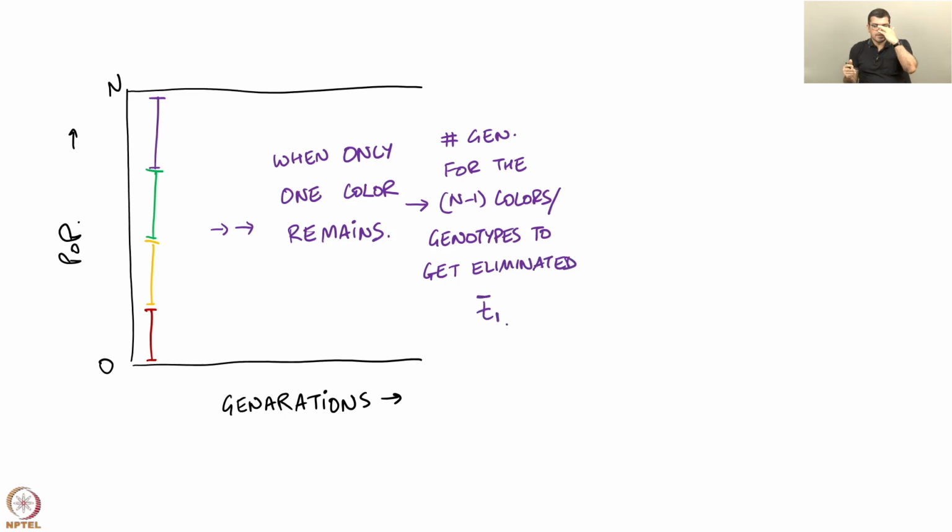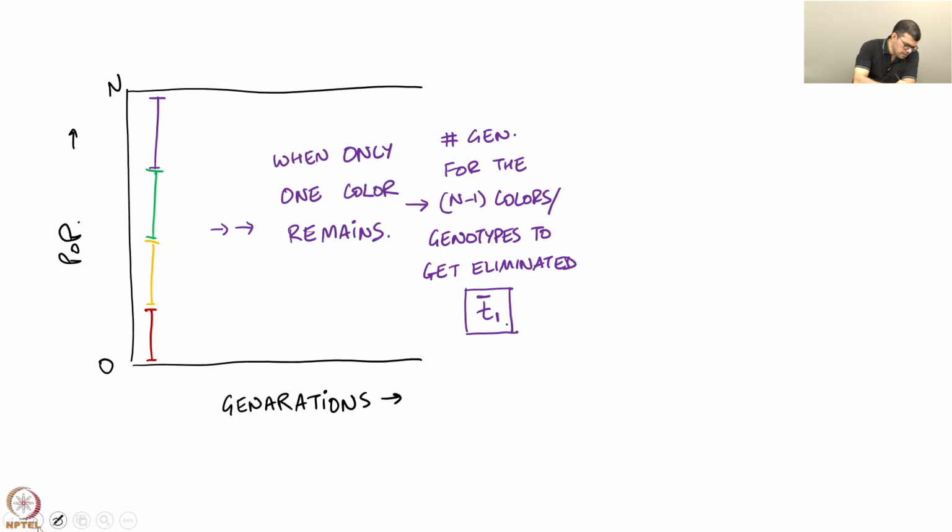The bar represents an average, because if you play this game you can very well imagine that in some manifestations the other 3 colors might become extinct in 5 generations, sometimes it may take 10 generations, sometimes it may take 20 generations. So, there is not a fixed answer that you would get every time, but if you play this enough number of times and take an average, you would get some average generation time at the end of which you only have one color left in the population.